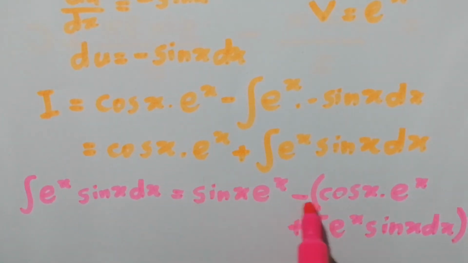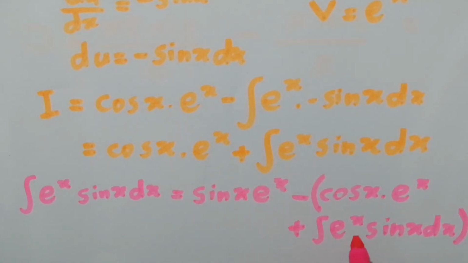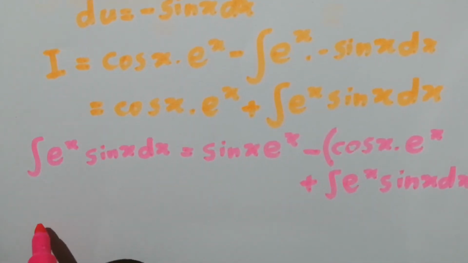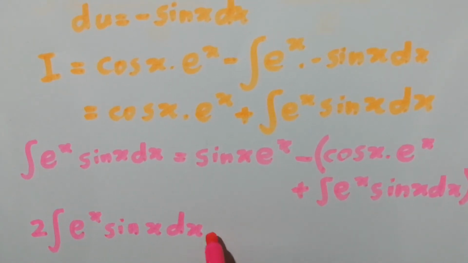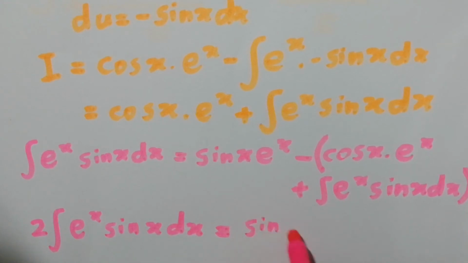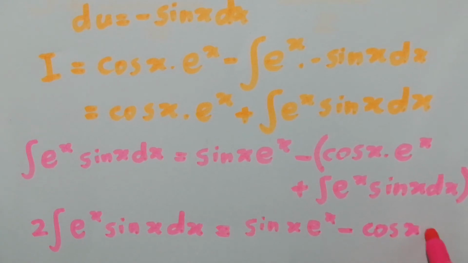Okay, now if I remove the bracket by multiplying with the negative sign, I am having minus cos x e^x minus integral e^x sin x dx. Then if I take this minus e^x sin x dx to the left side, I am having 2 times integral e^x sin x dx equals sin x e^x minus cos x e^x.